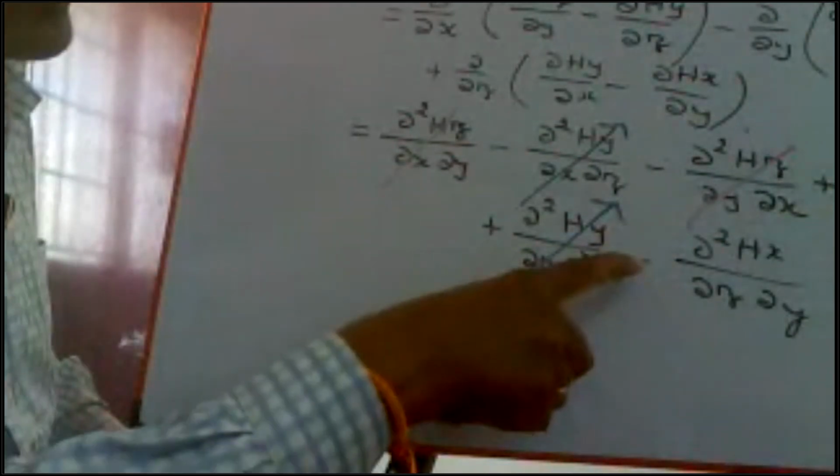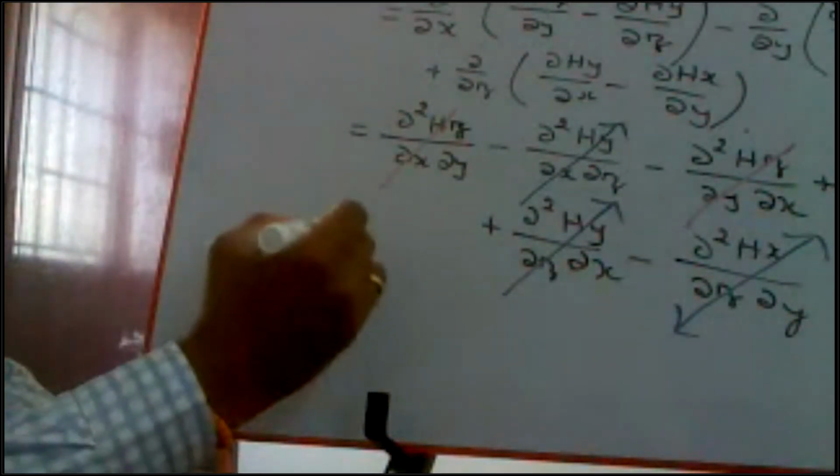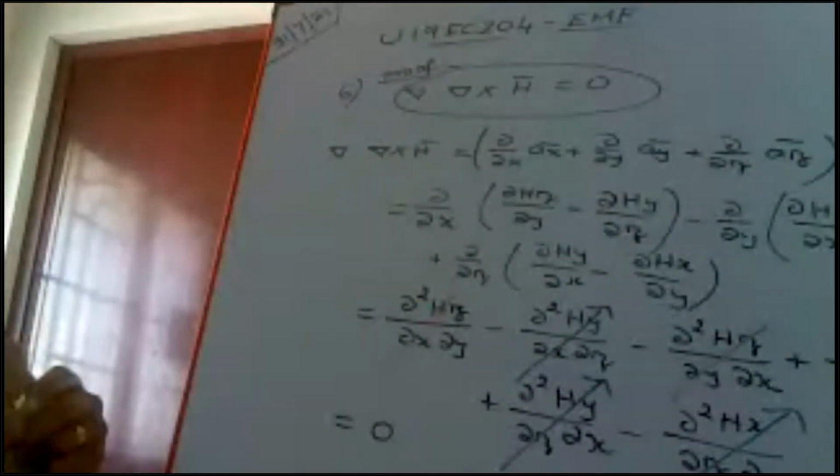So these two terms can be cancelled. Right? Look at the third term, dou square hx by dou z, here minus dou square hx by dou z dou y. Those two terms can also be cancelled. So what will be the final answer now? 0. Now you can see this particular identity has been proved.